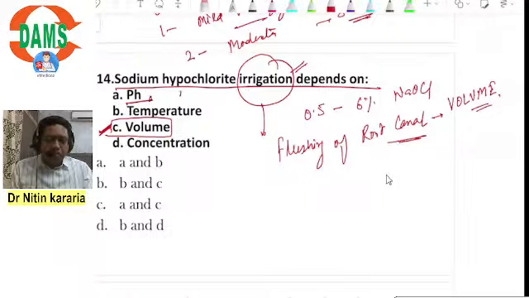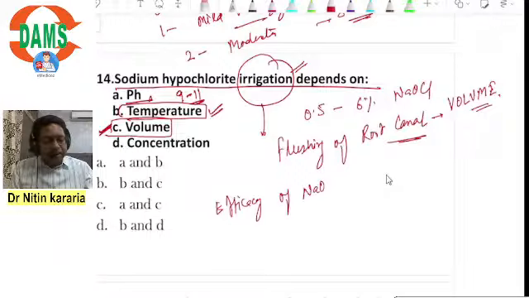The pH of sodium hypochlorite is generally in the range of 9 to 11. It is an alkaline solution, highly alkaline, which does not normally influence the irrigation. Temperature has a definite influence on the efficacy of sodium hypochlorite.